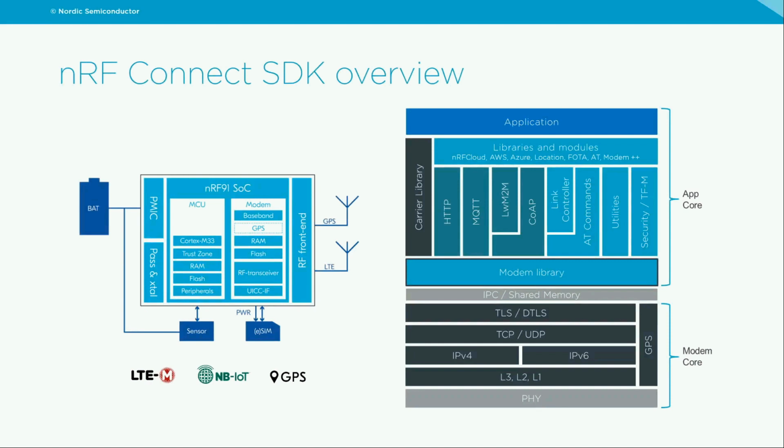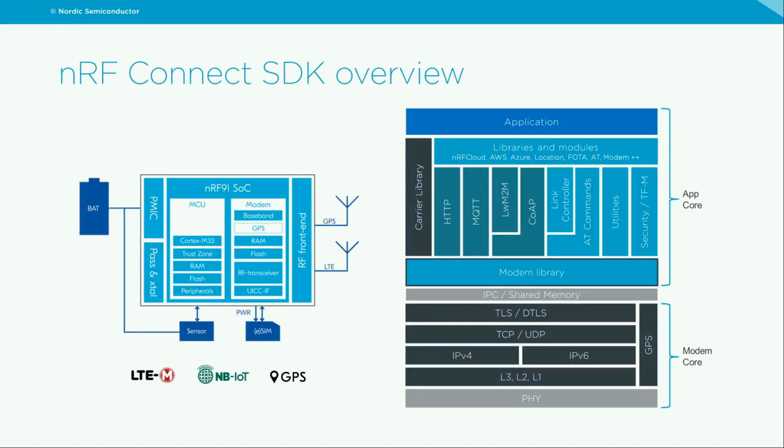It is a closed source pre-compiled image that can be downloaded from nordicsemi.com, and it handles everything up to and including the TLS and DTLS layers. Then in between the two cores, we have a shared memory, and on the application core we have the modem library running, which is the interface between the application and the modem.